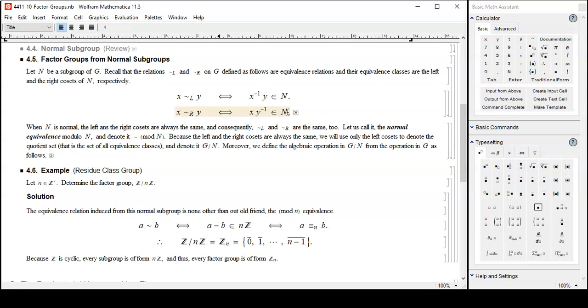So equivalence classes based upon this normal equivalence relation modulo capital N, and we'll have a factor group, of course, and the factor group is the residue class group: 0, 1, 2, 3, all the way up to n minus 1 bar. And these are cosets actually. So 0 bar is 0 plus nZ.